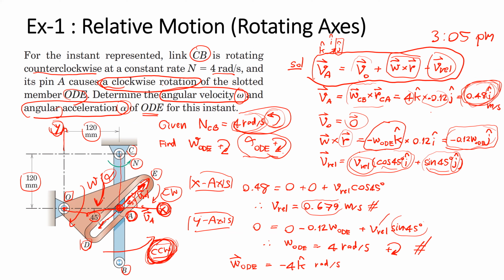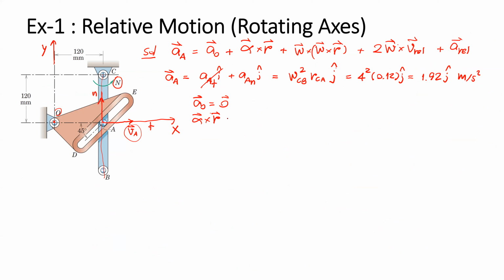So if we write it in vector form, the direction of alpha will point in the negative k direction. So minus alpha OD in the minus k direction. This is alpha.